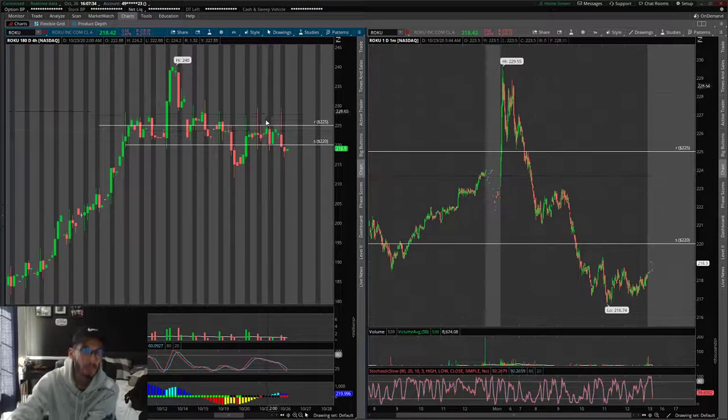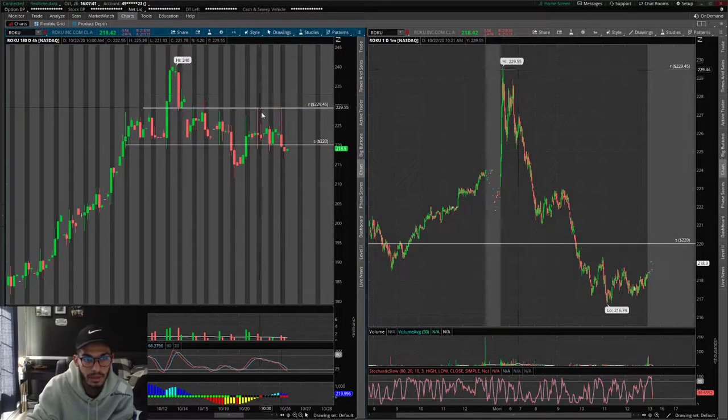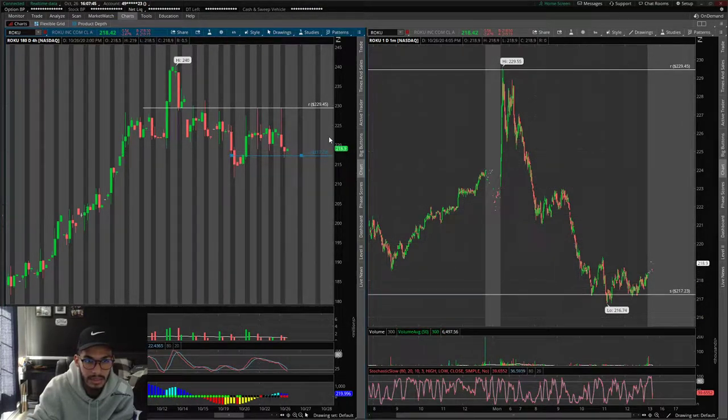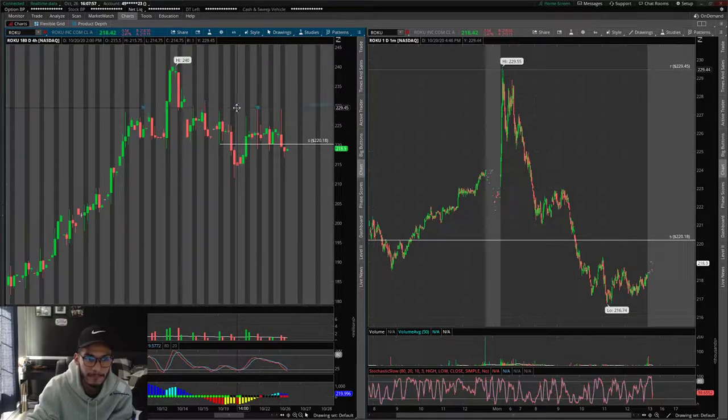So you guys might ask why I don't draw my levels from the wicks. I could draw the wick here and even draw the wick down here. But the reason is that I like to look for break belows or break aboves on the body candles, not necessarily the wicks.